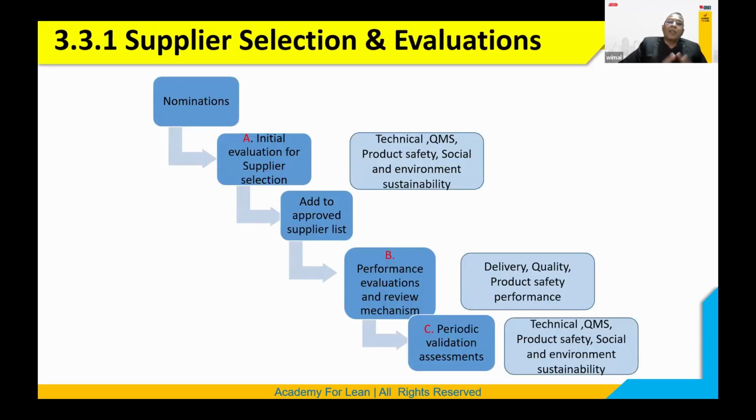So this is the selection and evaluation steps. So this slide, I think, in a nutshell, is very important, and please pay your attention to this. I have highlighted A, B, C in red, right? Most of the time, in my experience also, for example, CK also can comment on this.